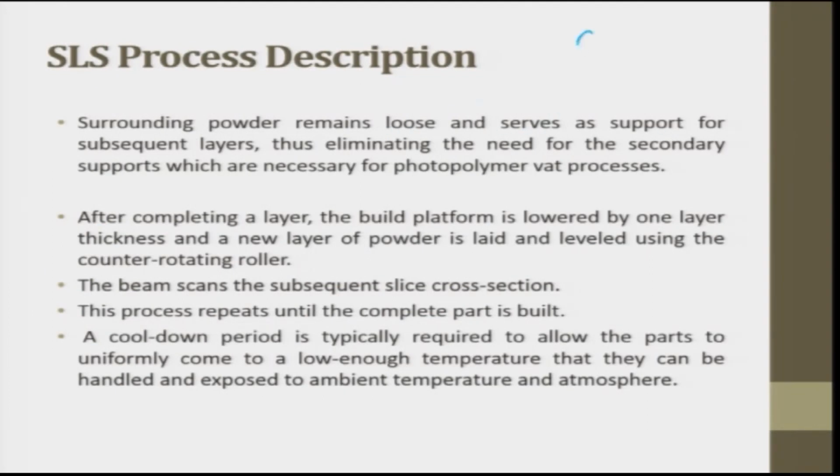Earlier, you remember I was talking about a structure like this, right? So we said it will have a supporting structure. But as far as the SLS process is concerned, we will not have a supporting structure.